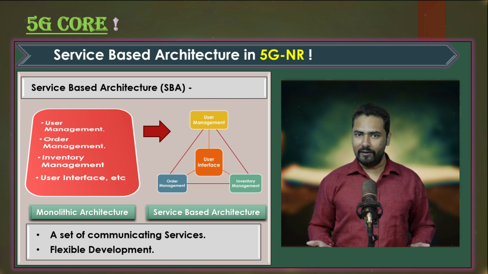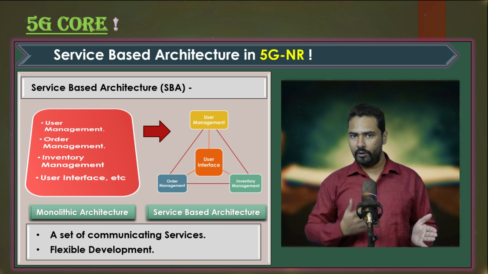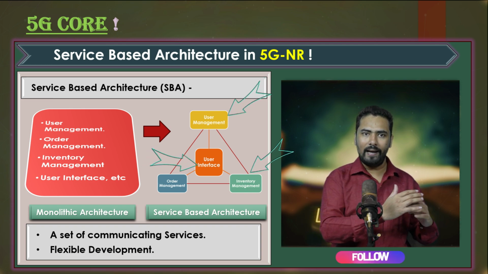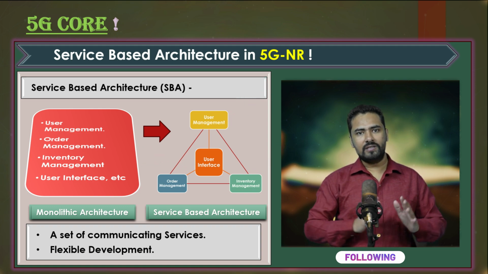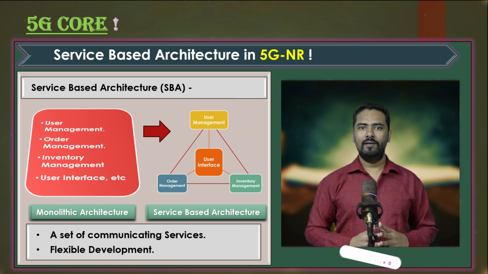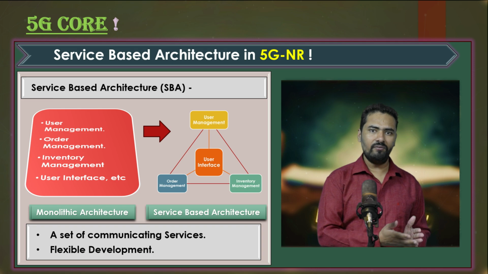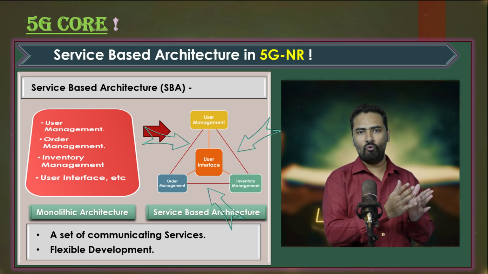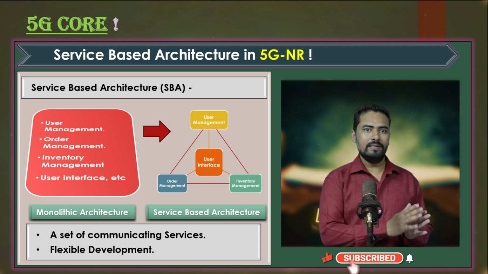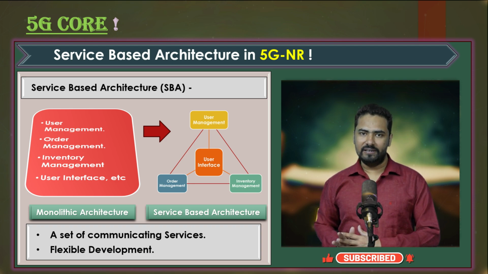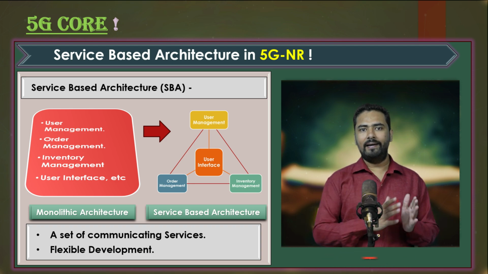In service-based architecture, the software or the product is broken down into small and individual features, and these independent services or features communicate with each other. Each service can register itself and interact with the other services whenever it is needed. By using this approach, developers can mix and match services from different vendors and technologies.